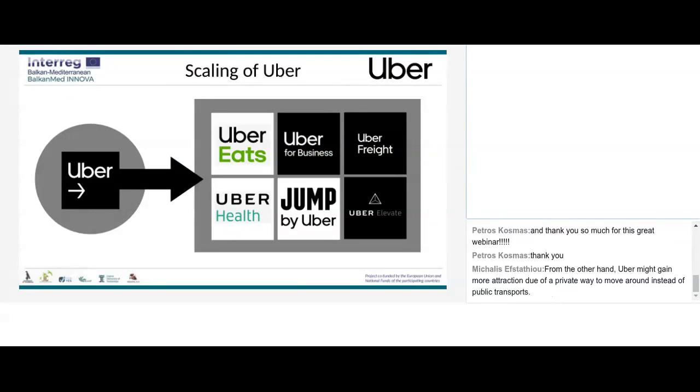Uber might gain more traction due to a private way of moving around instead of public transport. Point, not a question. Yeah, that's true. That's definitely true.